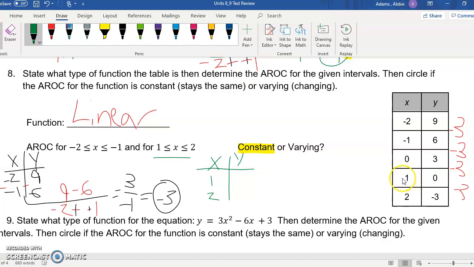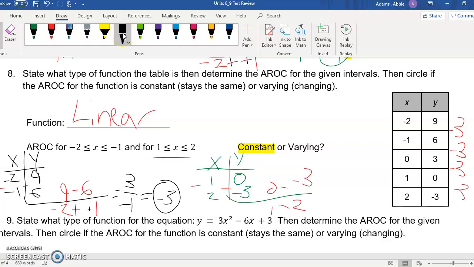When x equals 1 in the table, y is going to equal 0. And when x equals 2 in the table, y is going to equal -3. So once again, we'll extend our line here and find the differences in our x and y values. So in our numerator, we have 0 minus -3. And in our denominator, we have 1 minus 2.